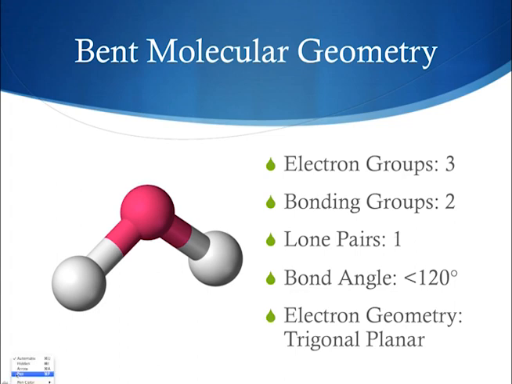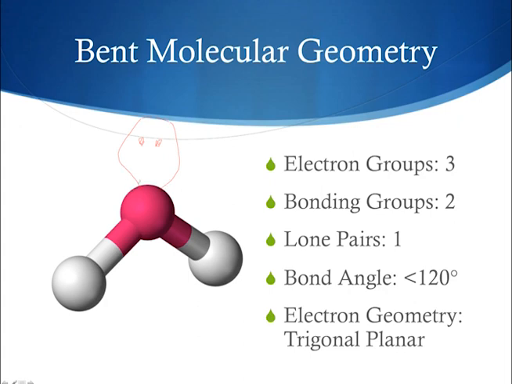So now, before, when we had just trigonal planar, the electron geometry is trigonal planar, we had an additional bonding group here. But now this is where our lone pair is going to be. But it still is taking up space. It's still repelling the other electron groups.